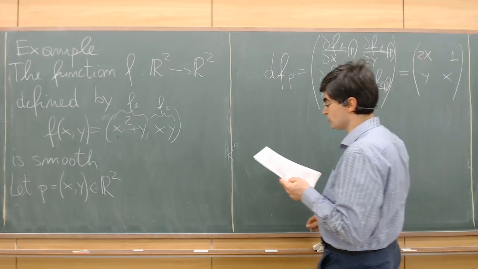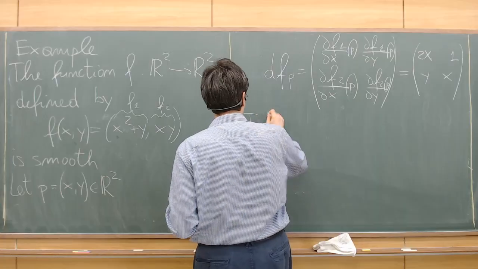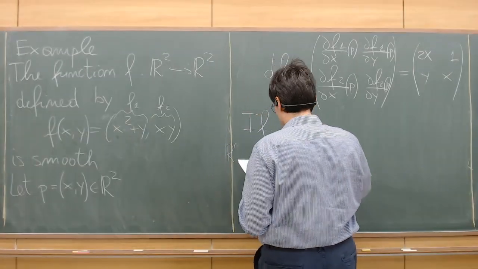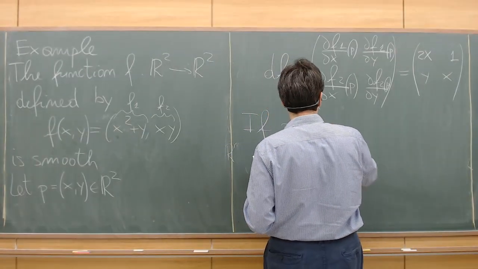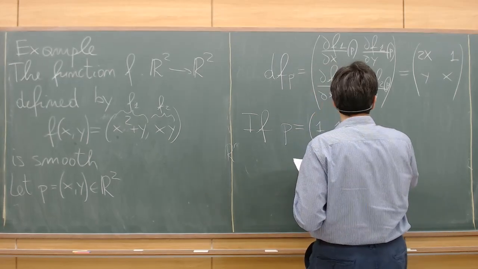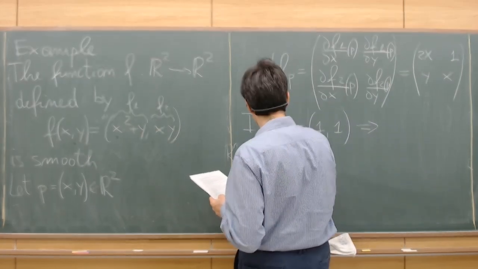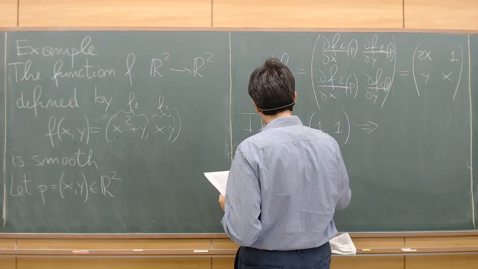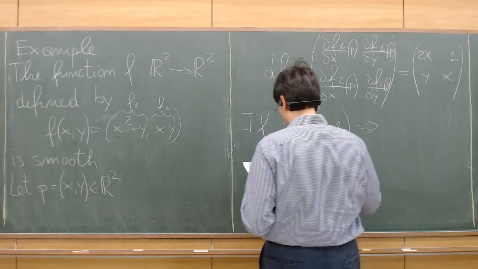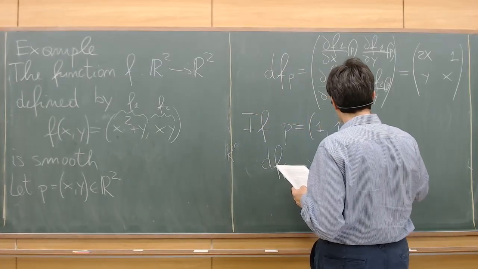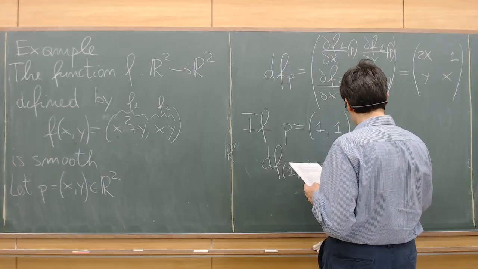So if we choose P to be the point of coordinates 1, 1, then df at 1, 1 is 2, 1, 1, 1.